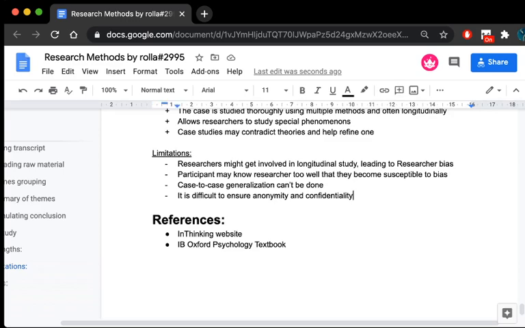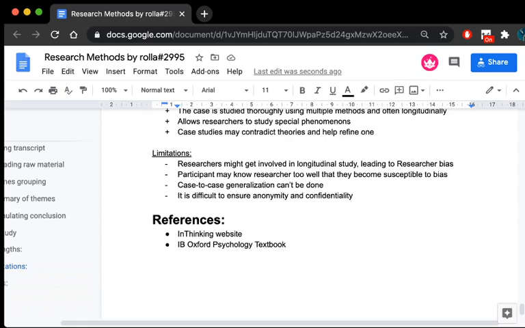It's also hard to ensure anonymity and confidentiality because when you have special cases, a lot of researchers are going to be like, whoa, I want to research this person. A lot of people are going to chase and want to study that person and get interested.